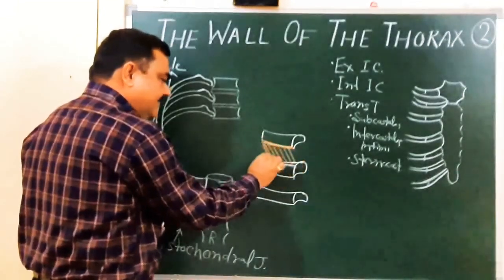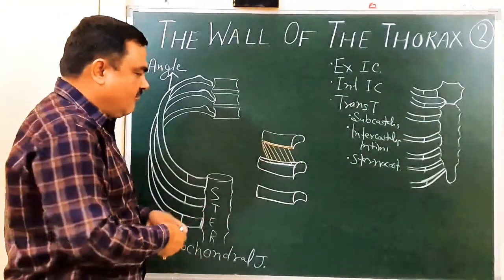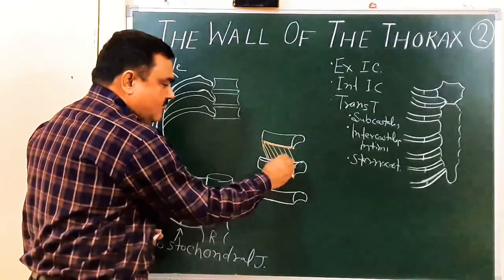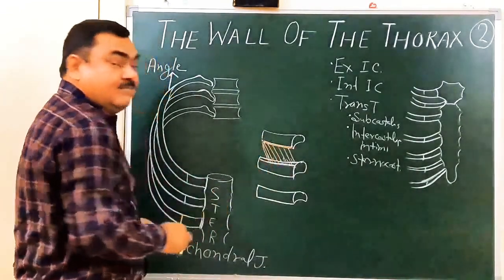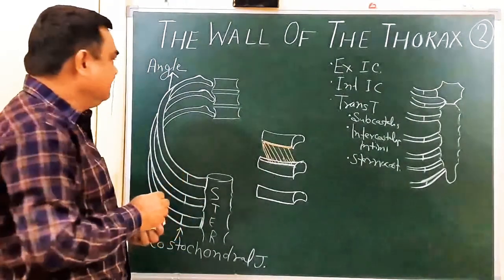Direction of the fiber. Fibers directed downward, forward and medially. This is direction of the muscle fibers. And extension of the muscle fibers.